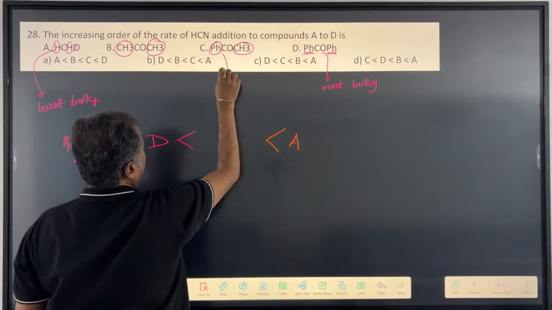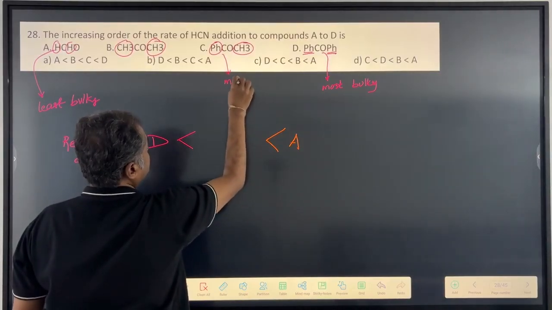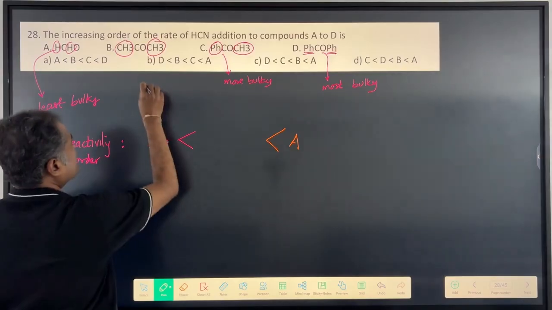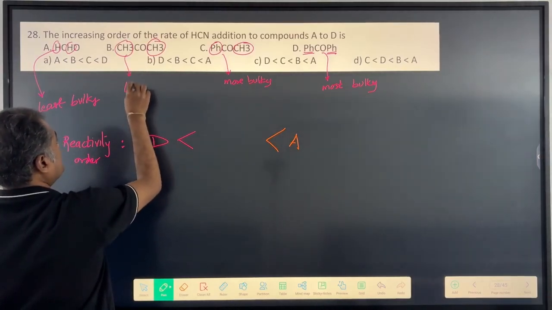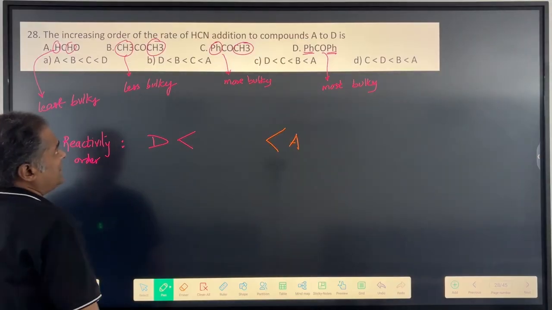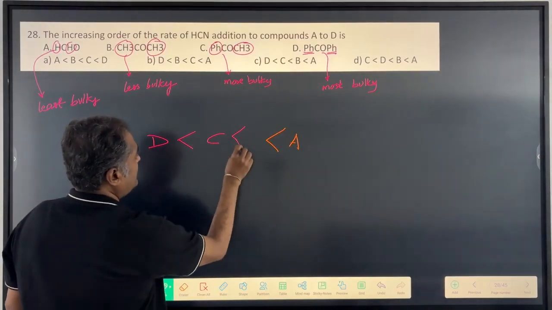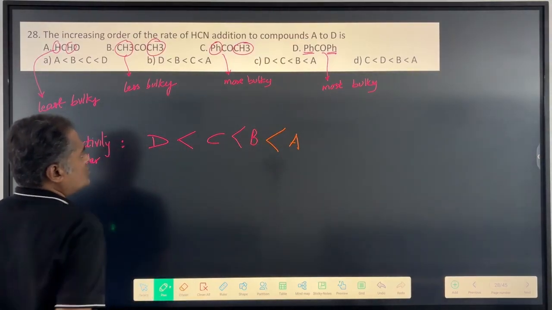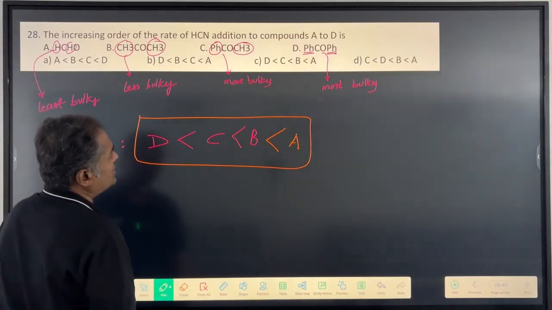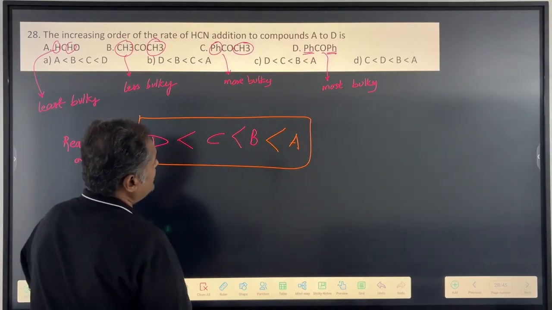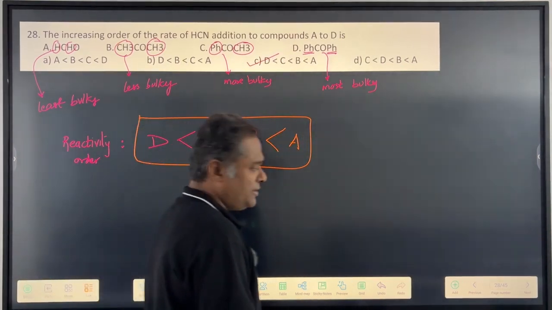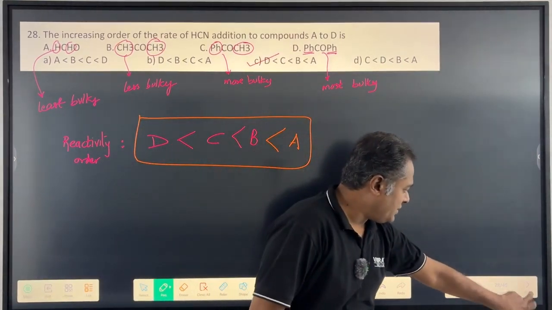So, this is more bulky, and this is less bulky. That means when you arrange, next is C, and then next what you have got is B. So, the correct answer key for this example is option C. Is it clear, child? Let us take the next question what we have on the screen.